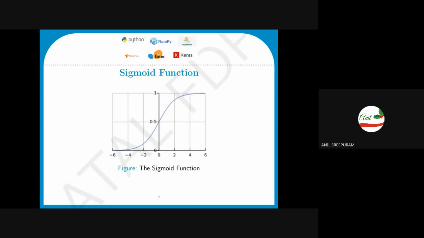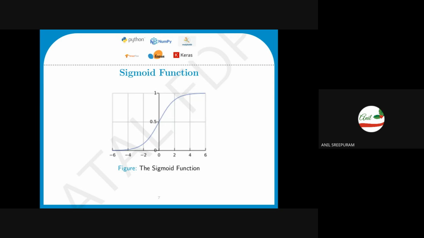This is a sigmoid function. Say I have plotted x along the x-axis and the value 1 by 1 plus e power minus x along the y-axis, and you see that the function is always ranging in the interval 0 to 1. Beyond, say, 0.8, it is converging to 1, and below some negative values it is converging to 0.